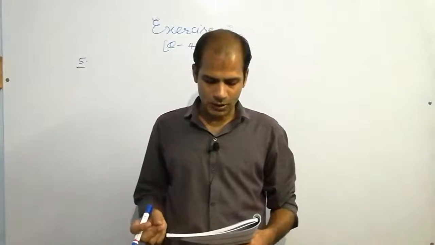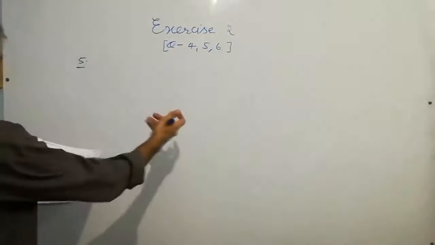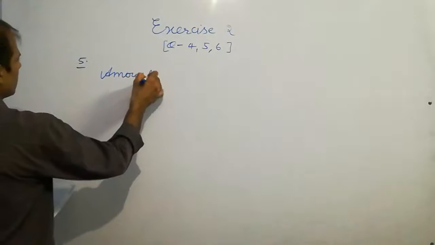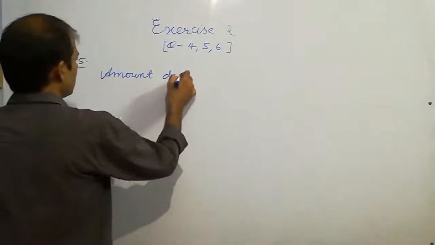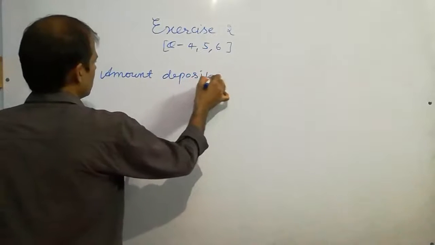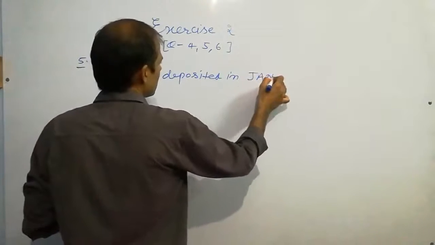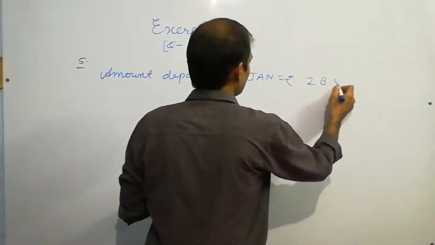Find the total amount he deposited in both months. It's very easy. So you will write amount deposited in January, it is rupees 2850.